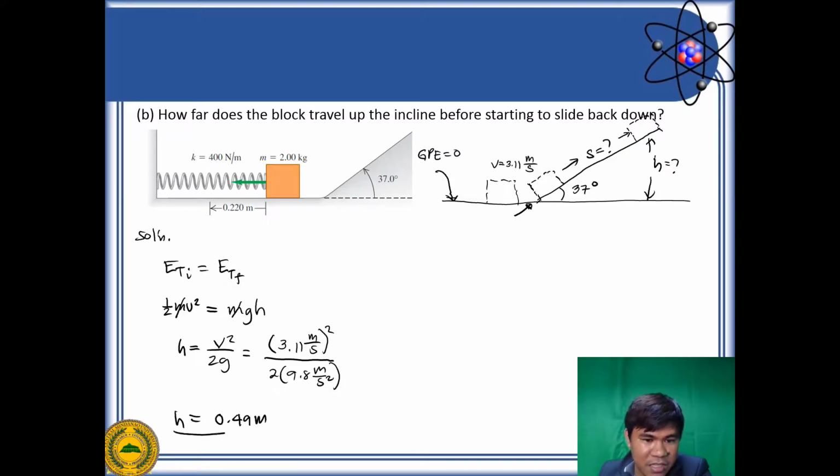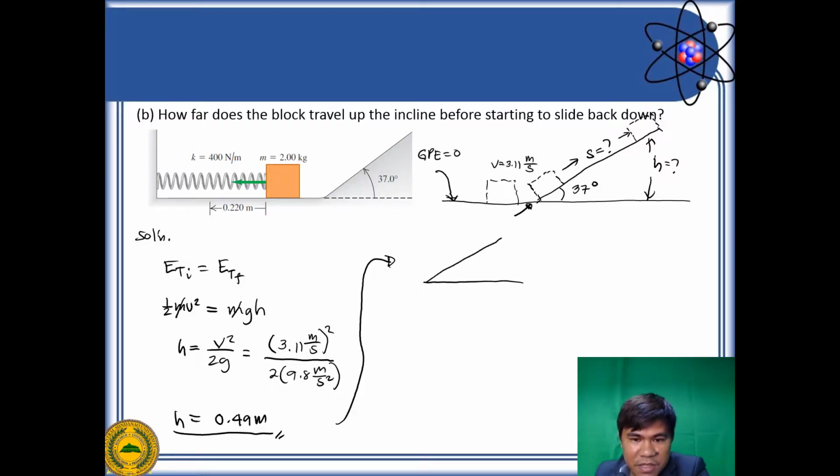So that's the h. Now knowing the h, we can work out these trigonometric functions, and since we have this right triangle, this is now the h, which is equal to 0.49 meters, and we know that the angle is equal to 37 degrees, and then we are asked to solve for this s, so that's actually the hypotenuse.